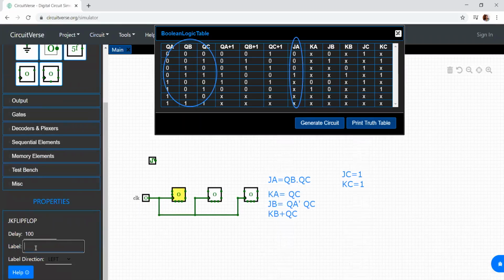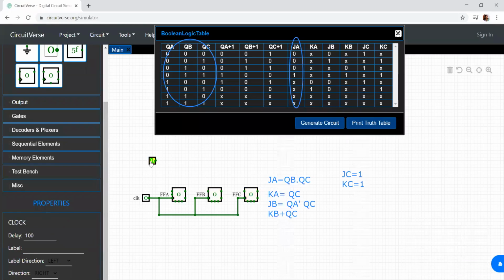Let me label this as flip-flop A, FFA, this as flip-flop B, and this as flip-flop C. Now, in this flip-flop, I have J and K. This is flip-flop A. What is the input for this flip-flop? The input is JA and KA. JA is equal to QB into QC.